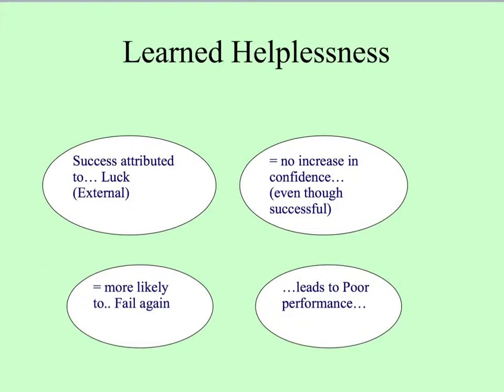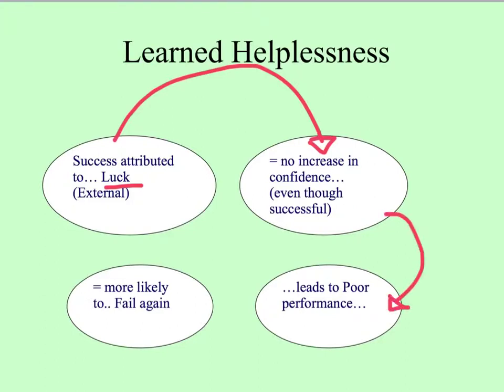If the low achiever did happen to succeed, it's likely they would attribute that success to luck. Okay, so that's an external factor. And what happens here is that there's no increase in confidence, even though that we have had some success, and there should be.